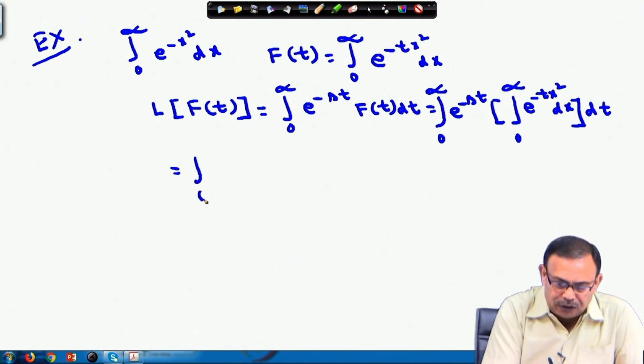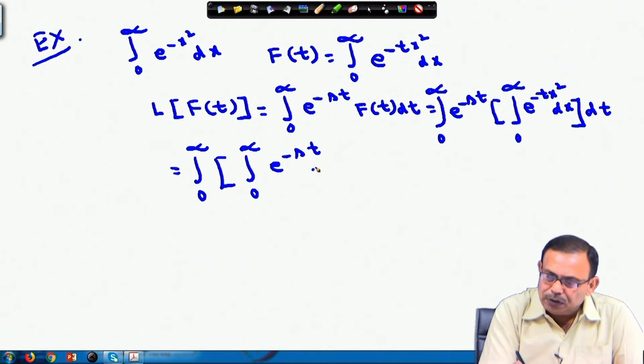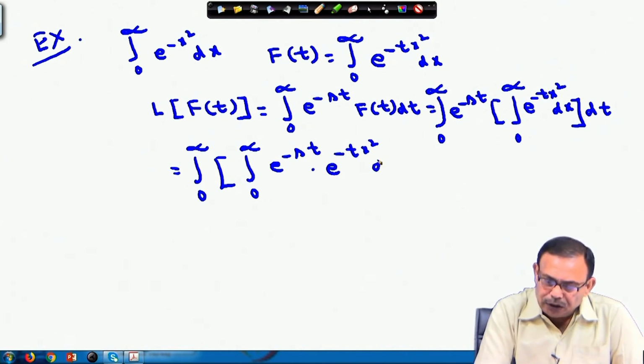So if I write that, it will be 0 to infinity, 0 to infinity e power minus s t into e power minus t x square dt into dx.